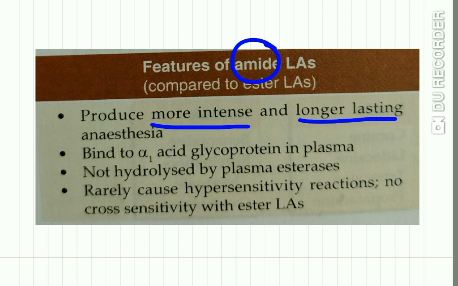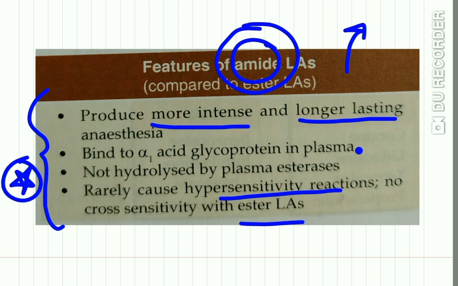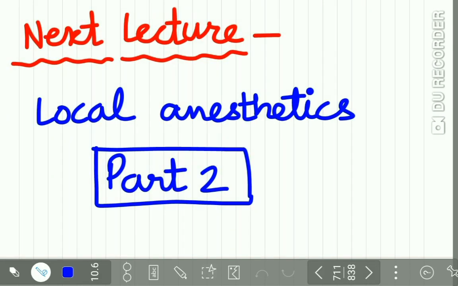They bind to the alpha-1 acid glycoprotein in the plasma. They are not hydrolyzed by plasma esterase and they rarely cause hypersensitivity reactions. And there is no cross sensitivity with the ester group. So the amide group have more acceptable features than the ester groups. So remember these 4 points why the amide groups are preferred over the ester groups.